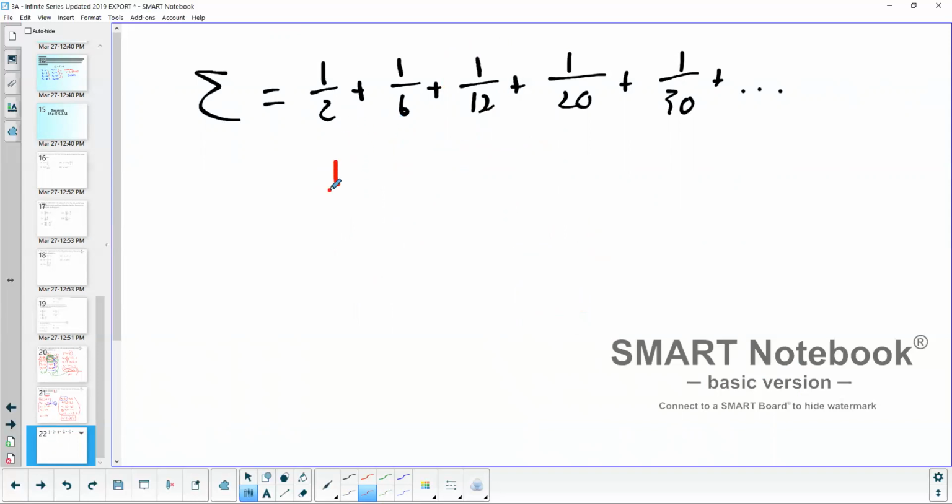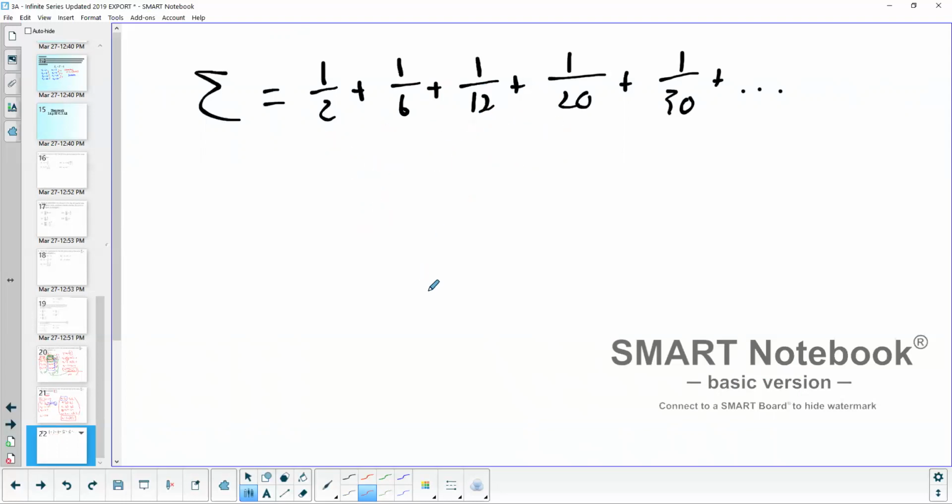So it looks like I'm doing 1/2 times 1/3. If we do that same idea, to go from 1/6 to 1/12, I'm multiplying by 1/2. Definitely not the same values. And then even here, what am I multiplying to get from 1/12 to 1/20th? Definitely not 1/3 and definitely not 1/2. So that eliminates a geometric series.